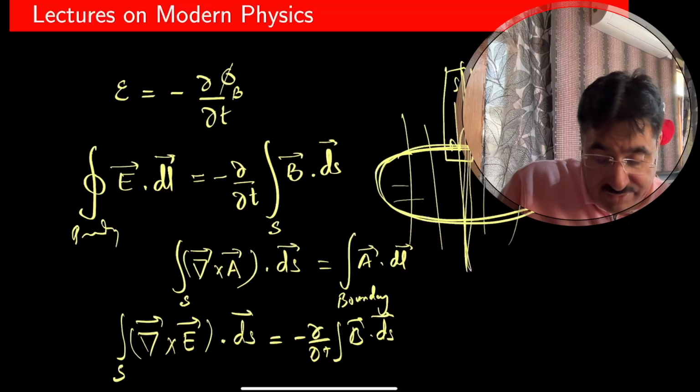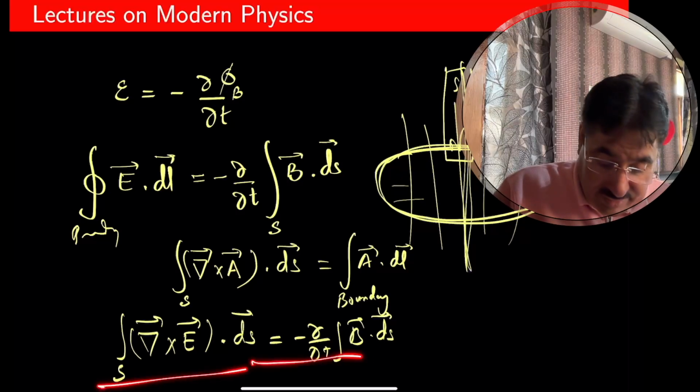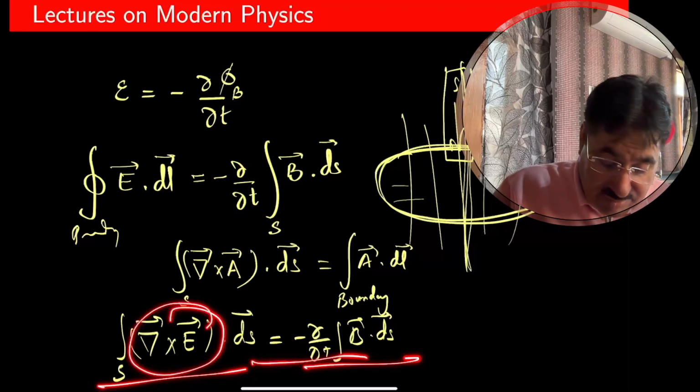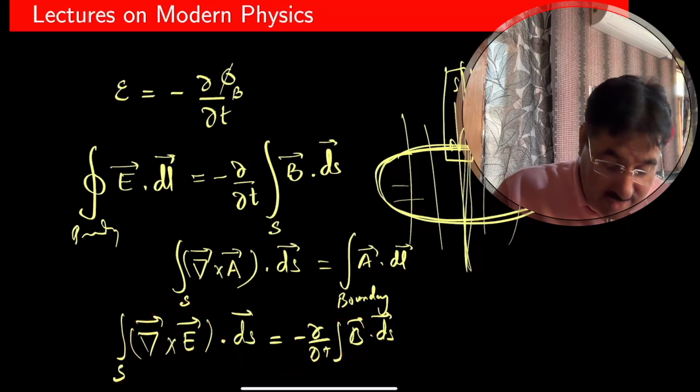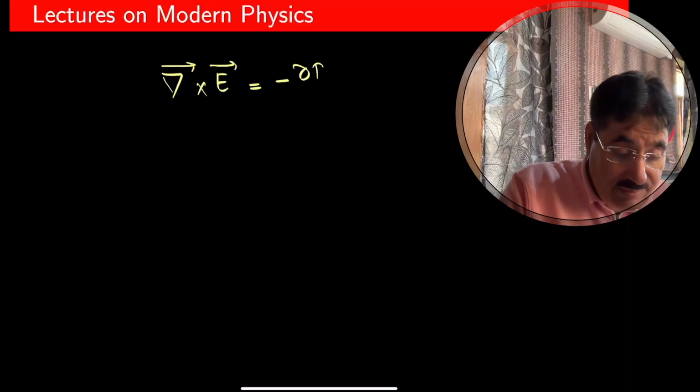This is the same surface. Now on either side we have the same integrals, therefore the integrands must be equal. This equation is only meaningful when the integrands are equal. So once I match integrands, I get curl of E equal to minus del B by del t.